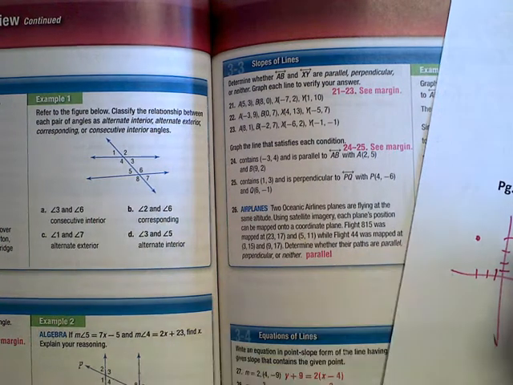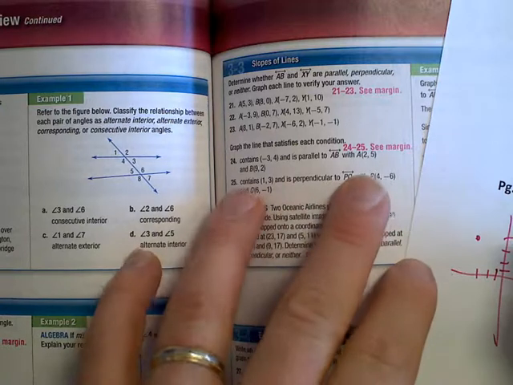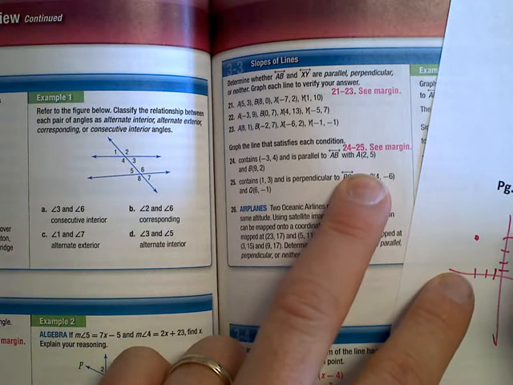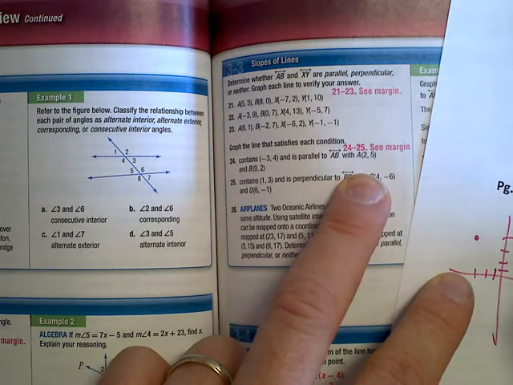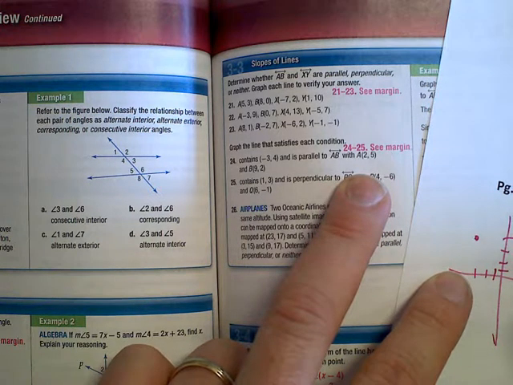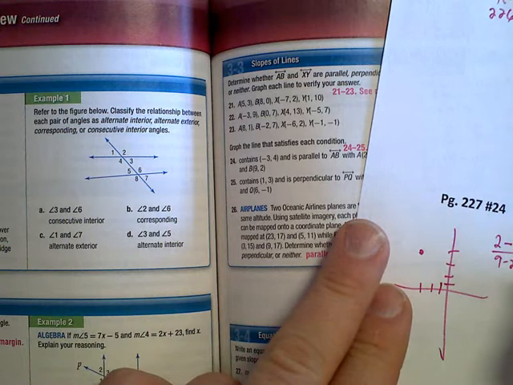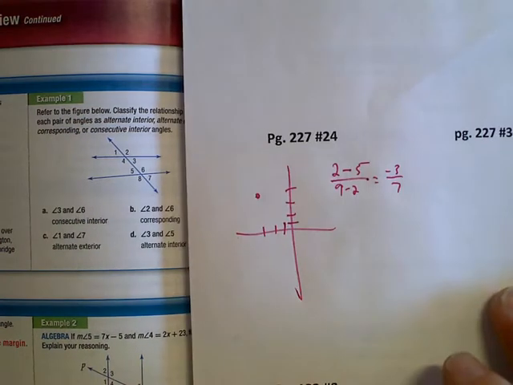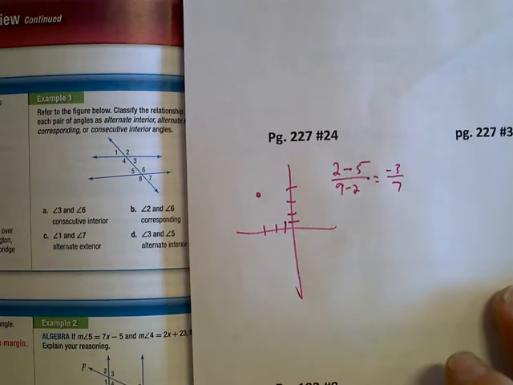So the slope between A and B would be 2 minus 5 over 9 minus 2. That would give me negative 3 over 7. So my slope has to be negative 3 over 7.